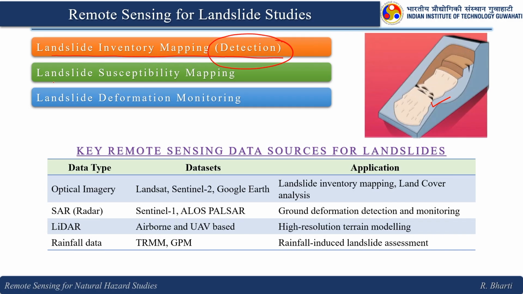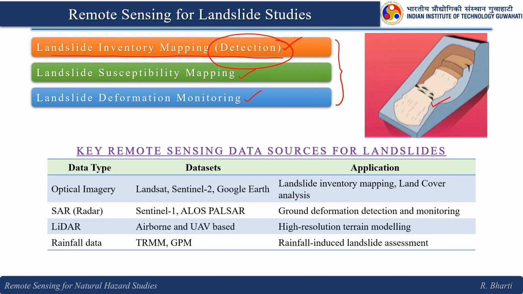Now, the next one is landslide susceptibility mapping, and then comes landslide deformation monitoring. So, we will discuss all these in today's lecture, and we will see one by one the potential of remote sensing application in landslide studies. So, starting from detection to susceptibility to deformation, we will try to see different examples, and we will be referring to some of the standard publications.